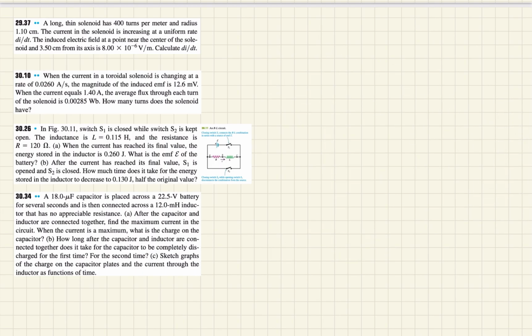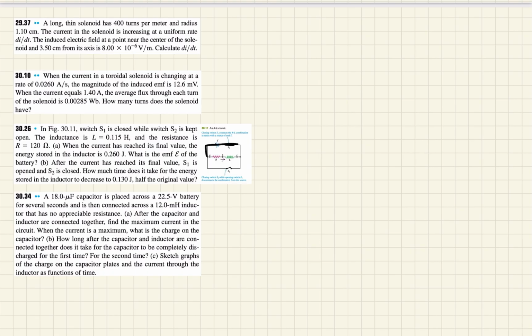Two more problems here. An RL circuit or an LR circuit and then an LC circuit. So for this LR circuit, this is the standard diagram where you've got two switches. In the first part, switch S1 is closed and S2 is open.